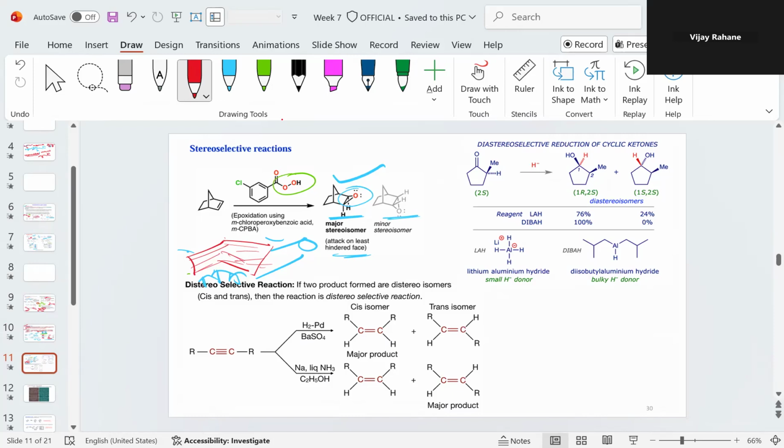This is an example in which we are doing a reduction. If you are doing the reduction with LiAlH4 and with DIBAL-H, this DIBAL-H is comparatively quite bulky compared to lithium aluminum hydride.